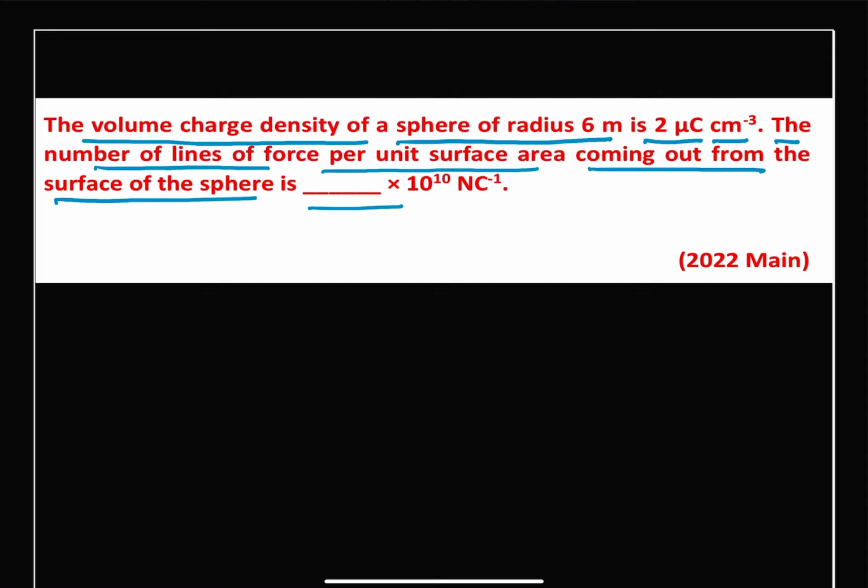So here we are going to find out the electric flux density, and in simpler terms we are going to find out the electric field, because it says the number of lines of force per unit surface area.